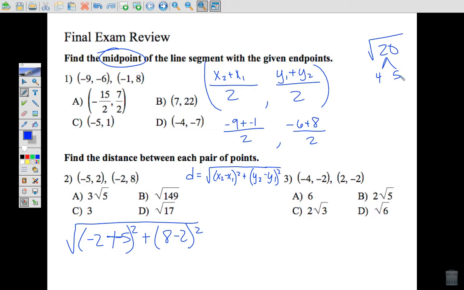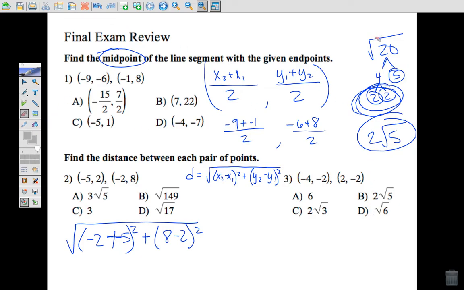Circle the prime numbers, because that can't break down again, but this can break down to 2 and 2. And any pairs you have come outside, but when the pairs escape the radical, only one of them really makes it out. So whenever you bring out a pair, it just becomes 1 on the outside, and then leftovers go inside. So radical 20 is the same as 2 radical 5.